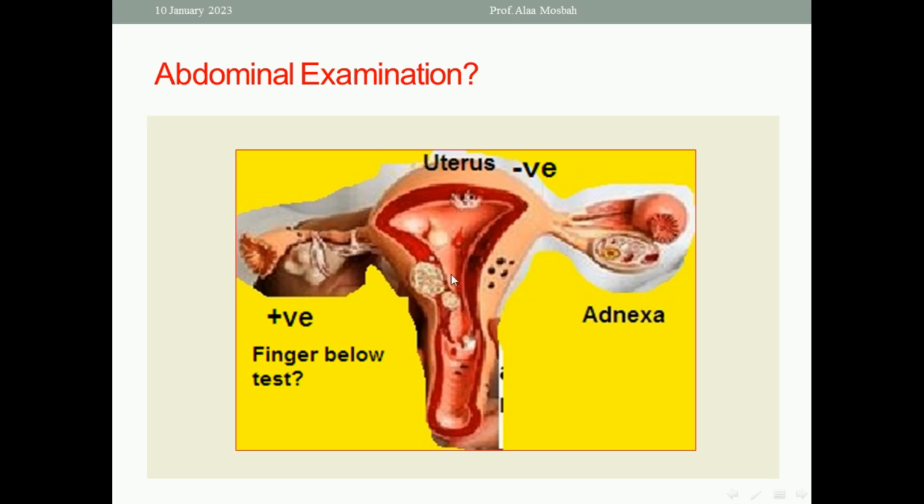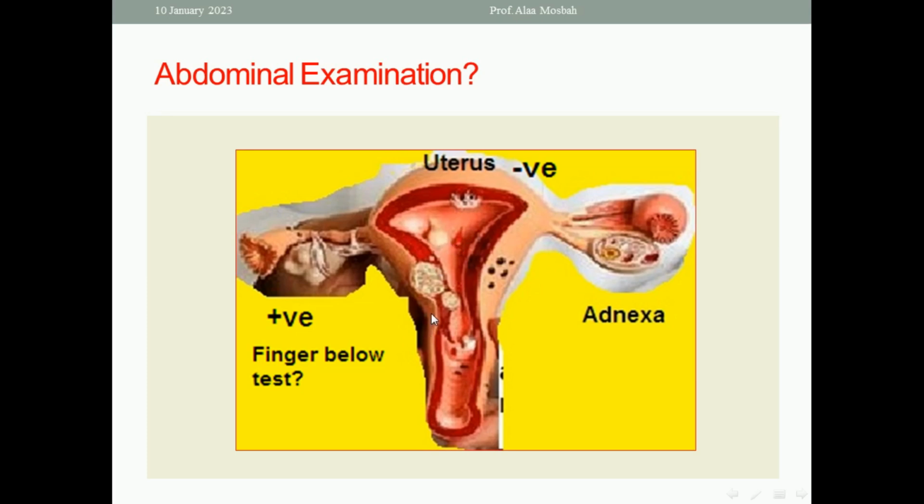If I cannot, this is uterine, because the uterine mass is pelvic abdominal, so I cannot reach below the mass. But an ovarian mass becomes an abdominal organ when it is enlarged, so I can insinuate my finger below it. This is called the finger below test.